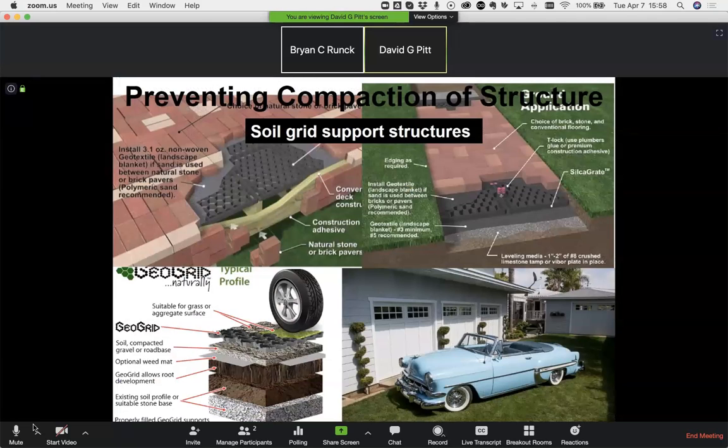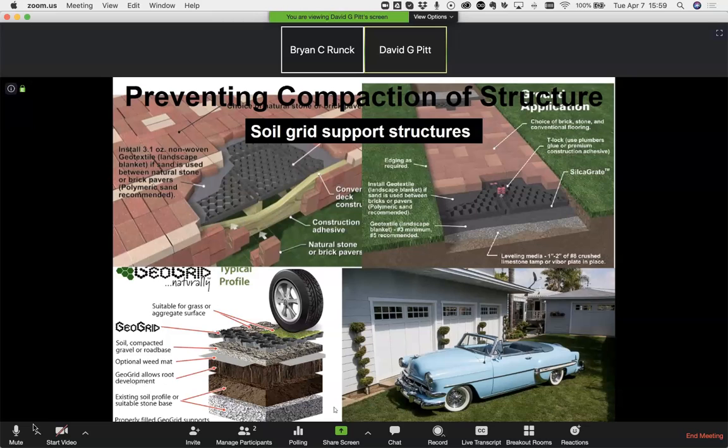Here we see a driveway that looks as though it's a yard, but in fact it's got a structural component to it underneath the surface, whereby this 1954 blue Chevy convertible is supported not by the soil itself, but by an underlying structure into which the grass that you see growing has been planted.